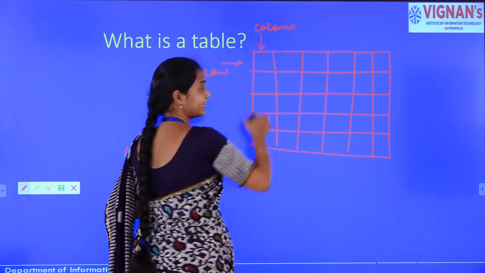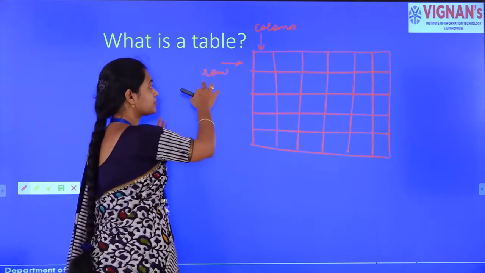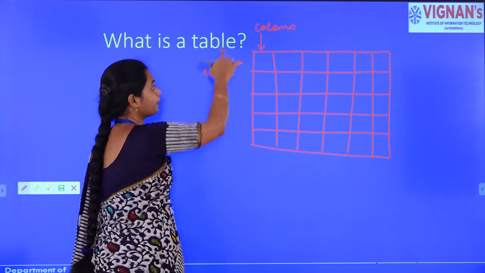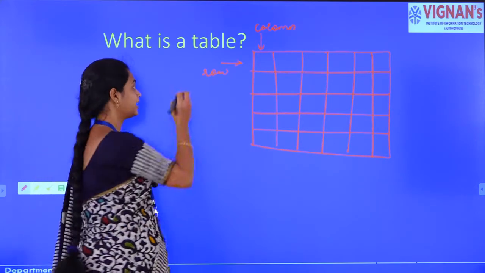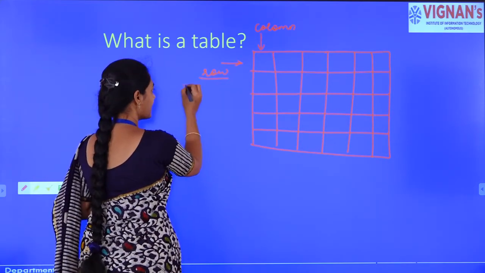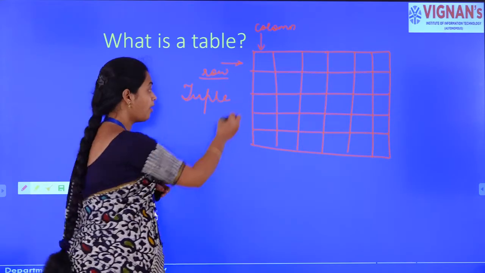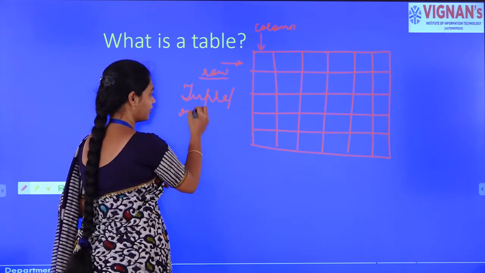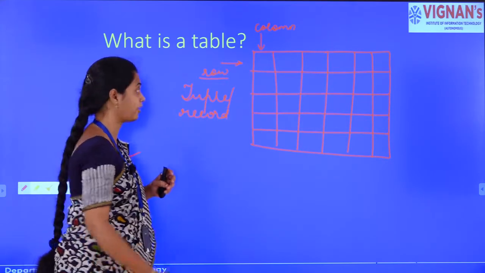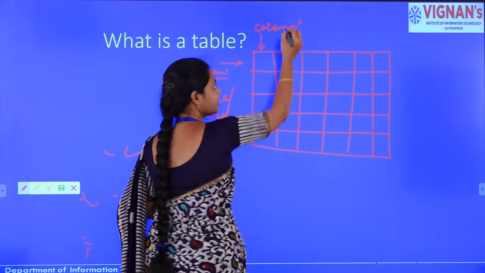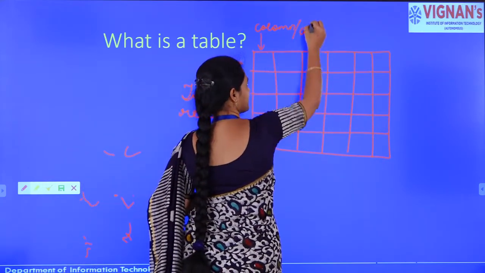But technically, when we move to the relational database, the terminologies of row and column change. The row is called a tuple or record, and the column is specified as an attribute.